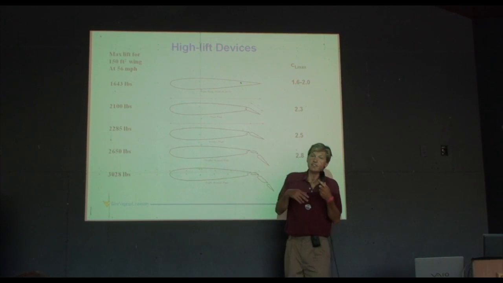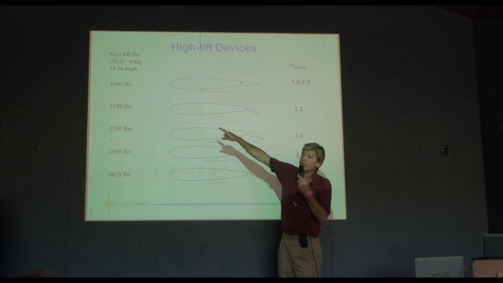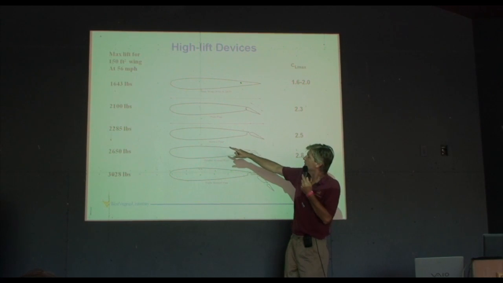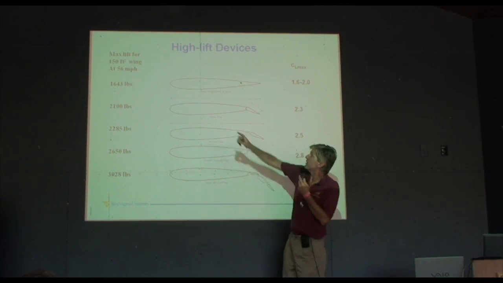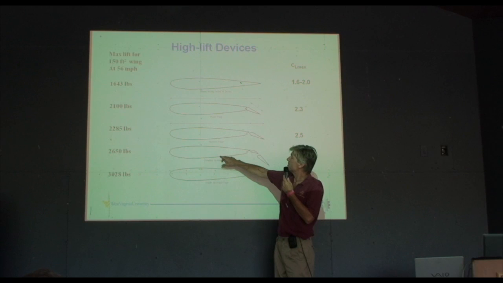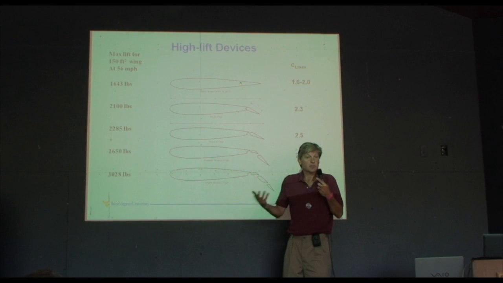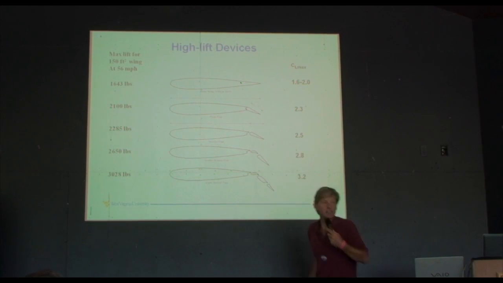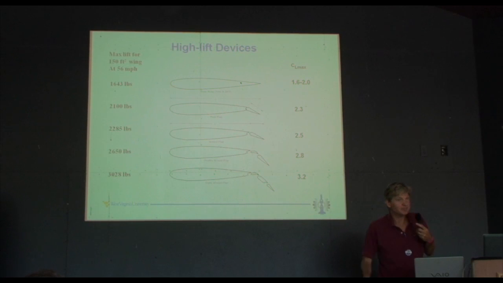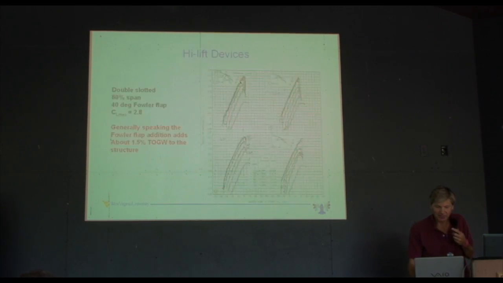If we didn't have any flaps, we'd be down there at 1643. So it makes a big difference. You go from 1643 pounds all the way up to 2650 pounds by dropping those flaps down. It's a lot of lift, so you've got to have them, or you get hurt. So that's a little bit about the different flaps.